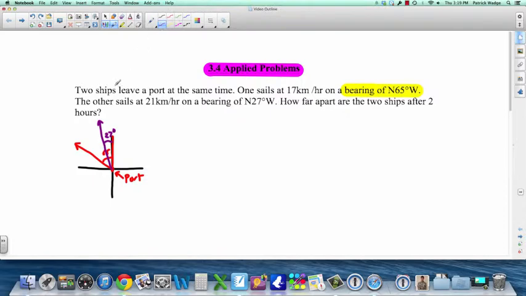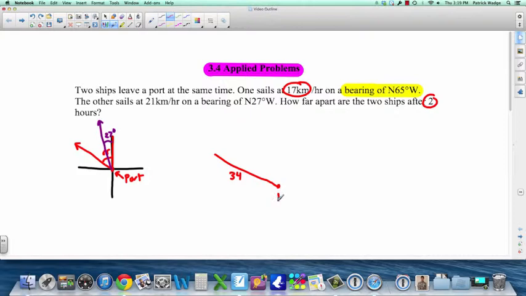Alright, I'm going to redraw this now. The first thing I'm going to draw is this red line right there, on the same angle. How long should I make that? Well, this is the first boat, and it goes 17 kilometers an hour for 2 hours. After 2 hours, it would be 2 times 17, so this is 34.